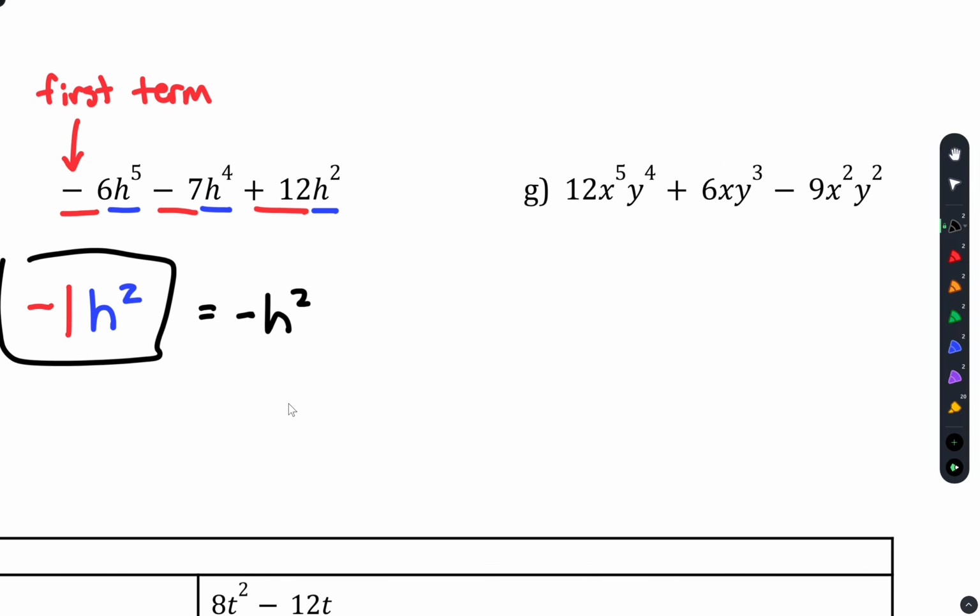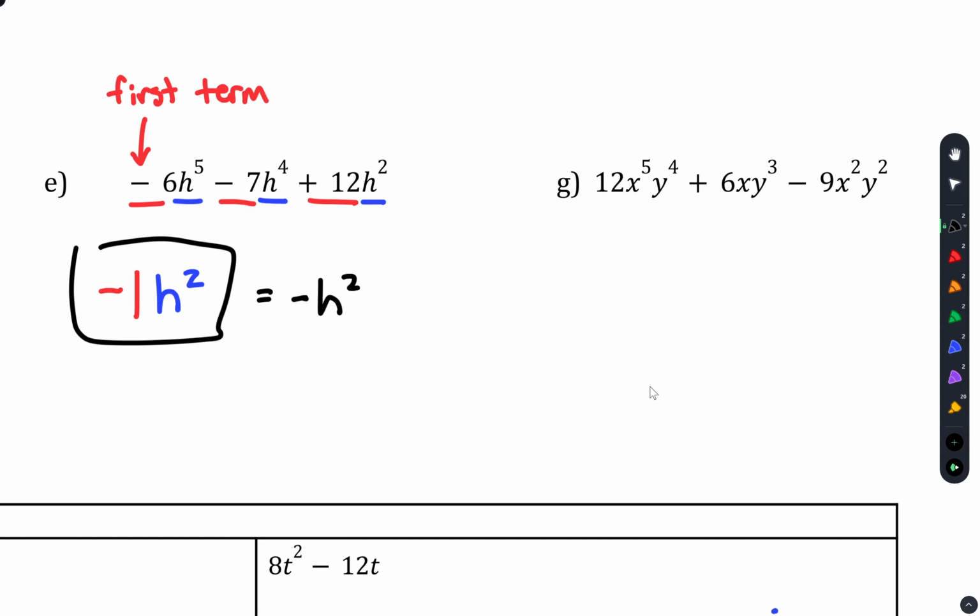Okay, last one here. Things get a little bit tricky. Let's do the coefficients first. GCF of the coefficients? 3. GCF of the x's. Do we have an x in all 3 of these terms? At least one x. Yeah? How many can we take out?